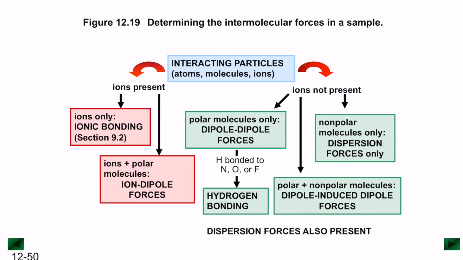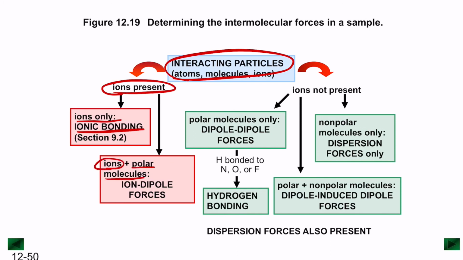So how would you determine the intermolecular forces in a sample? First, consider the interacting particles, whether they are atoms, molecules, or ions. If only ions are present, then the interaction comes from ionic bonding. If ions are present with polar molecules, you end up with ion-dipole forces. If there are no ions present, the next thing to consider is whether there are any polar molecules.